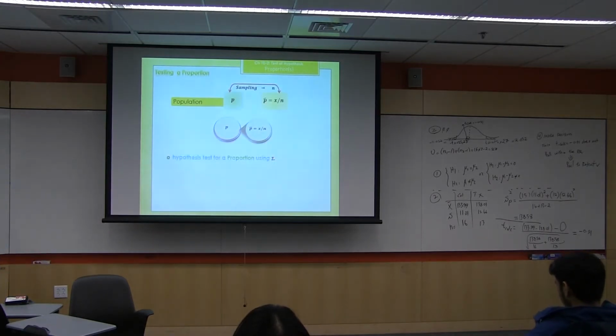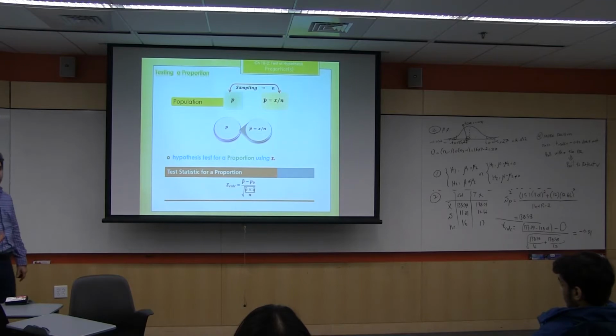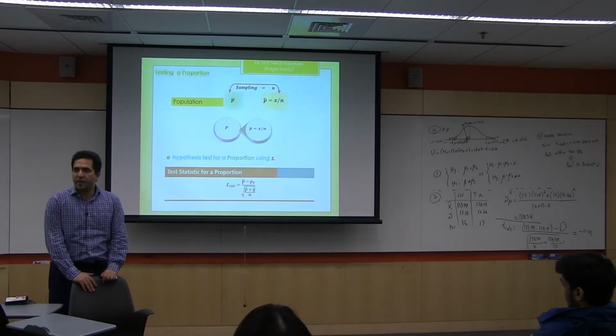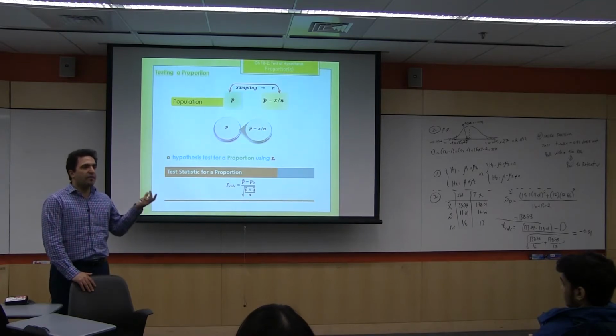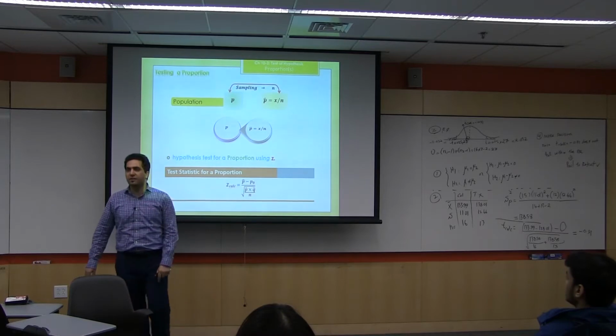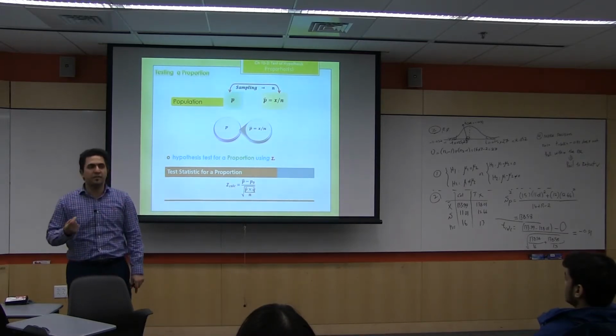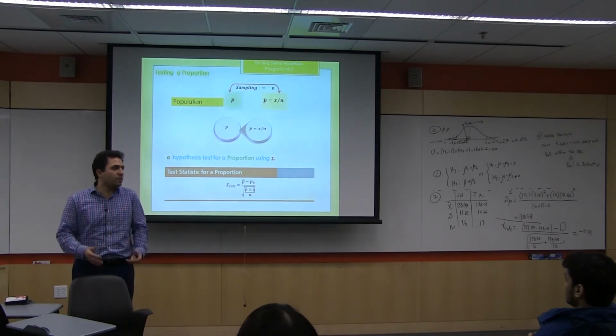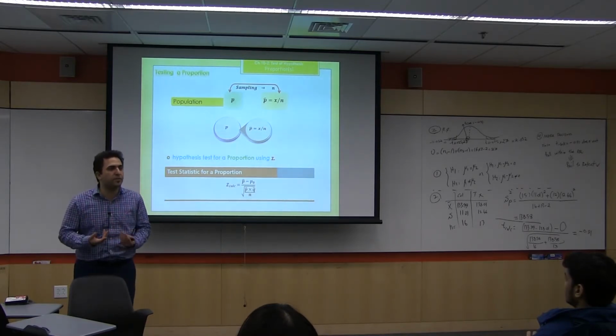You all know about how we run the test. The Z-calc is basically the approximation of binomial probability of success, and it was what? p-hat, which is the statistic you're getting from the sample, minus p-naught, which is the test value. Like you say, okay, whether my customer satisfaction is 80% or not.